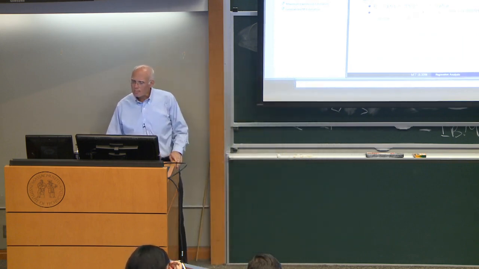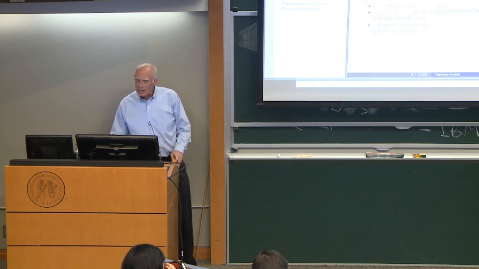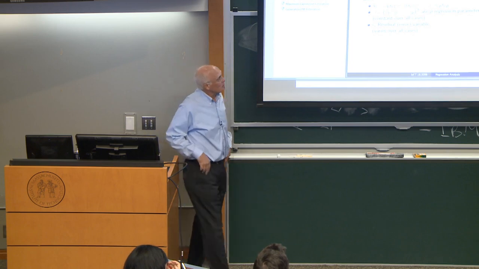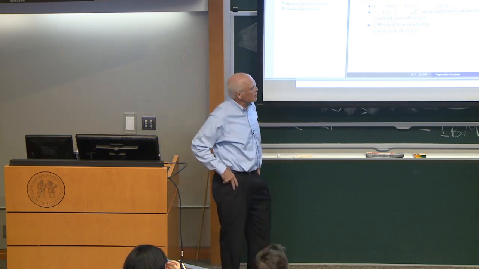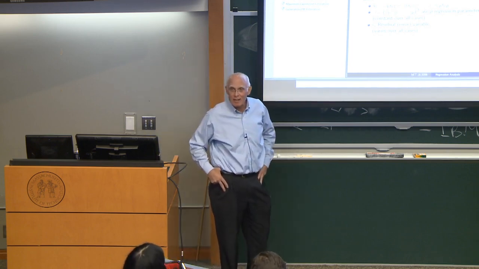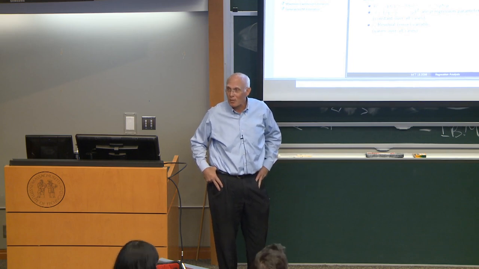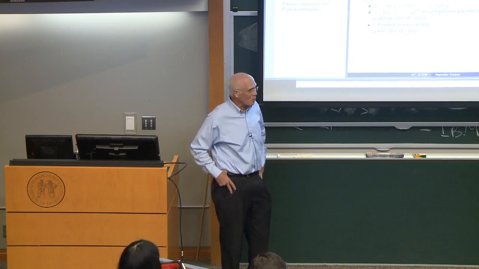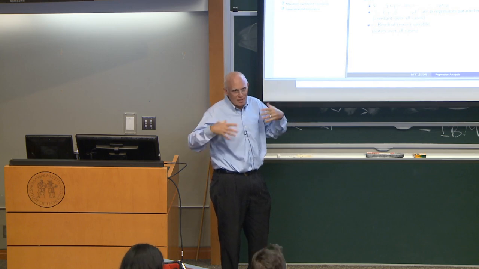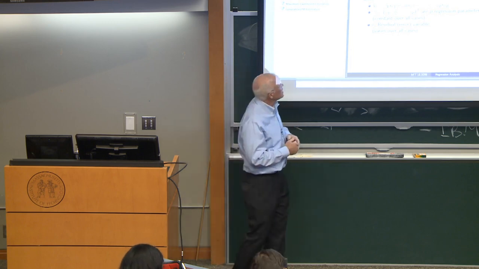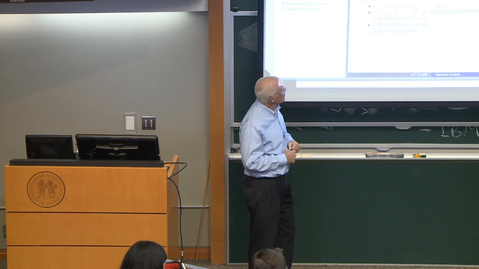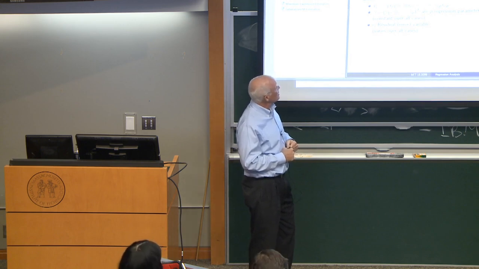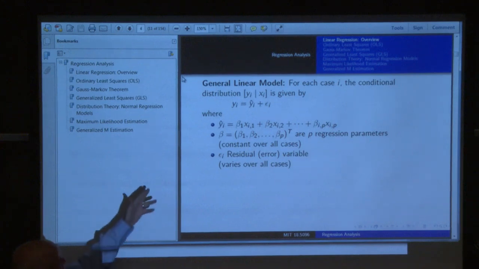This relationship has residuals, epsilon_i, where there's uncertainty in the data, whether due to measurement error, modeling error, or underlying stochastic processes that are driving the error. This epsilon_i is a residual error variable that indicates how this linear relationship varies across the different n cases.